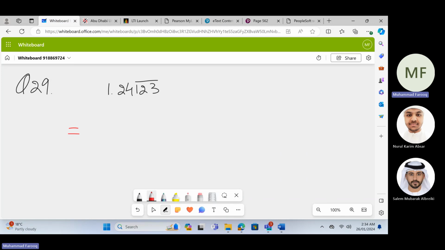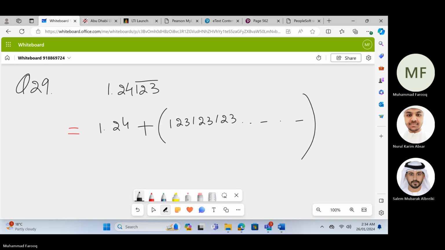Which part is not repeated? 1.24. Then plus 0.00123123123. I told you 3 times is enough, because we need to generate the geometric series.